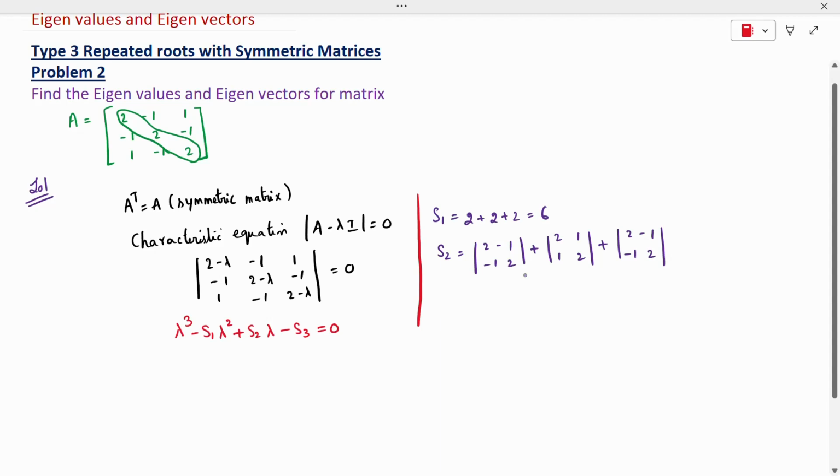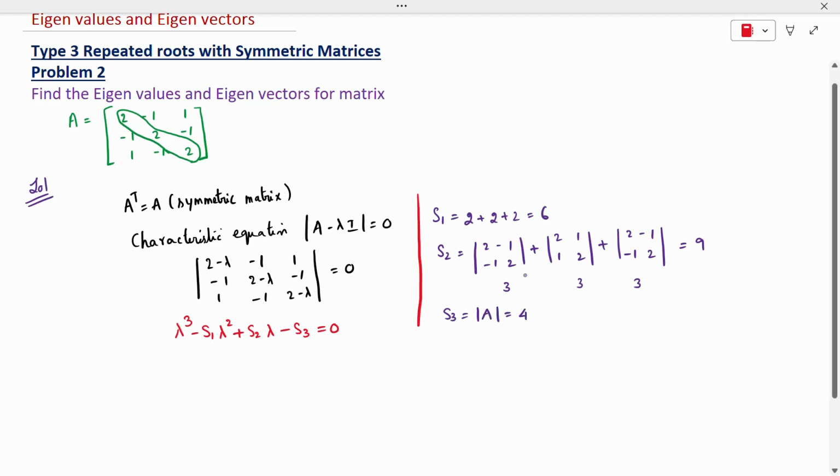When you simplify this, 4 minus 1 is 3, so 3, 3, 3, so it is 9. S3 is the determinant of A; calculating it in the calculator, we get 4.